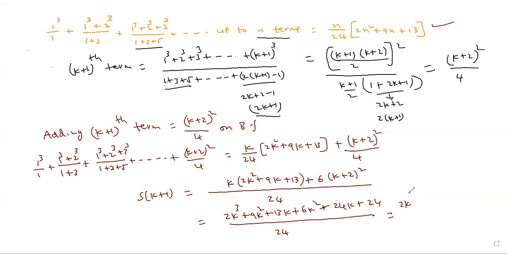What you can get here: 2k cube plus 9k square plus 6k square, 15k square, plus 13 plus 24, 37k plus 24 by 24. Okay, this is S of k plus 1.